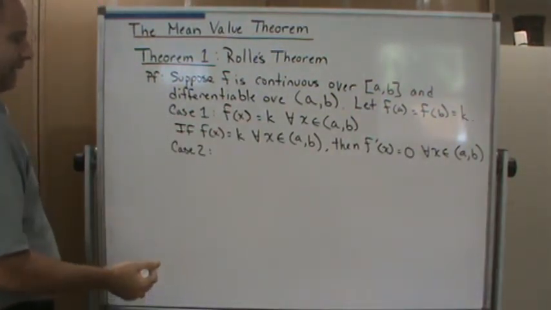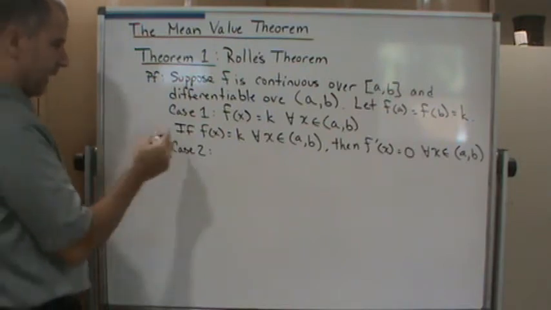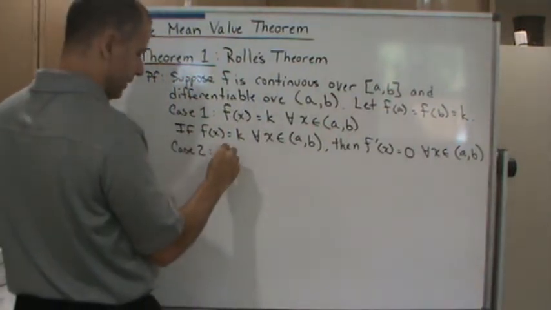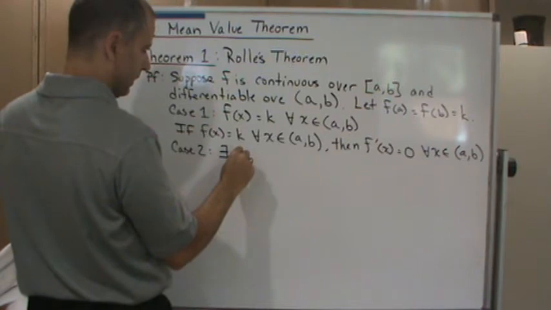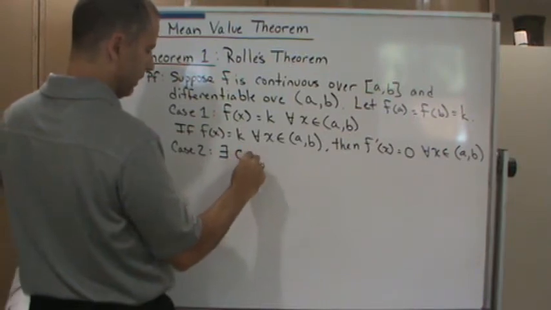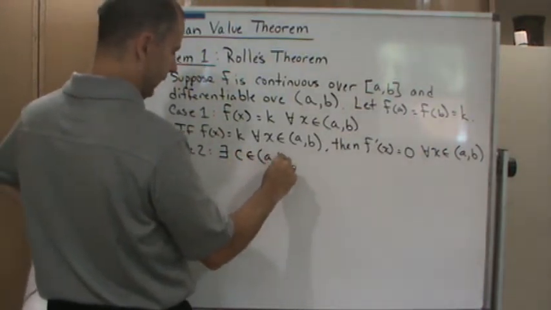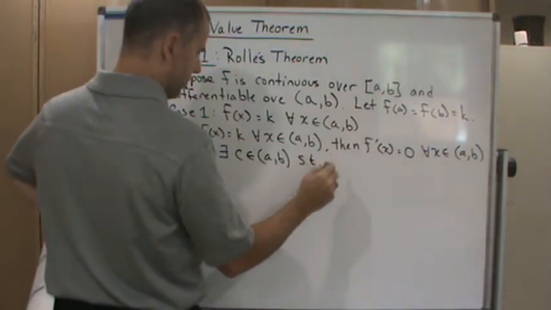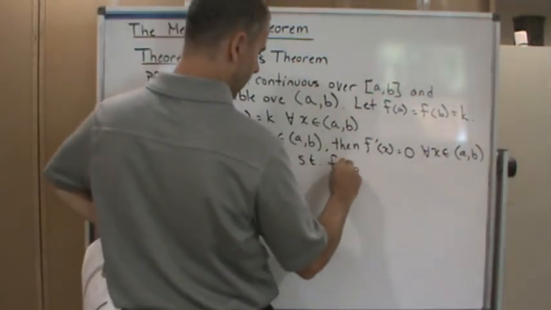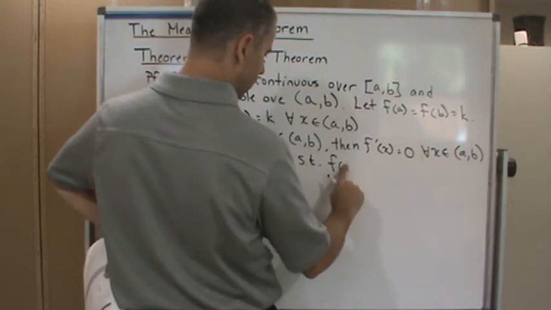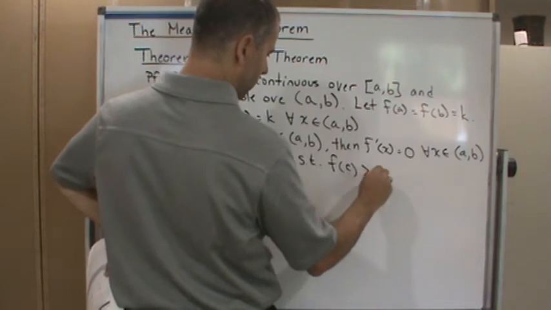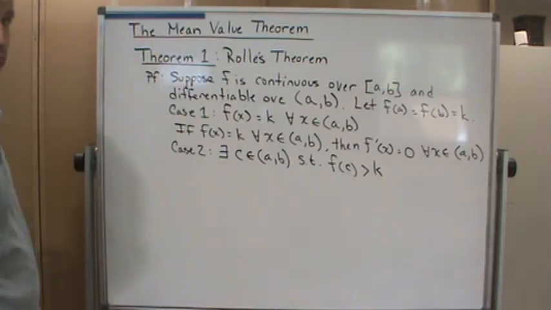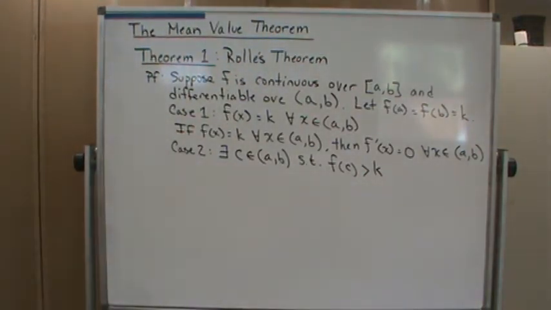So for case two, let's say there exists C in the open interval AB such that f of C is greater than k. That's the second case.